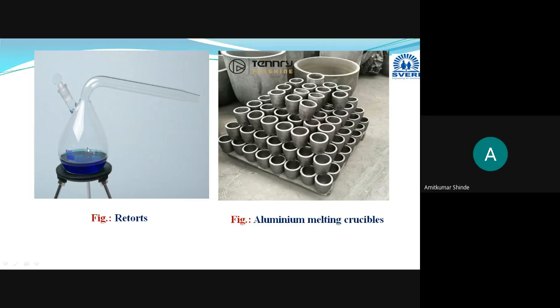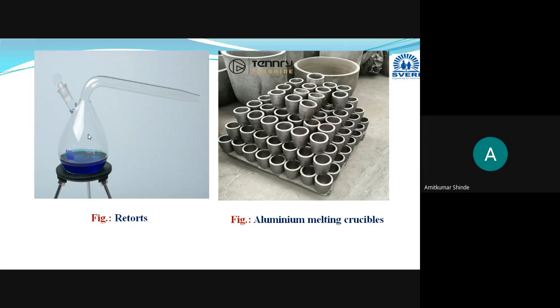A retort is equipment which we use in chemical labs. This is manufactured with silal or nicrosilal material only. For which purpose is this retort used? It is used for the distillation process.